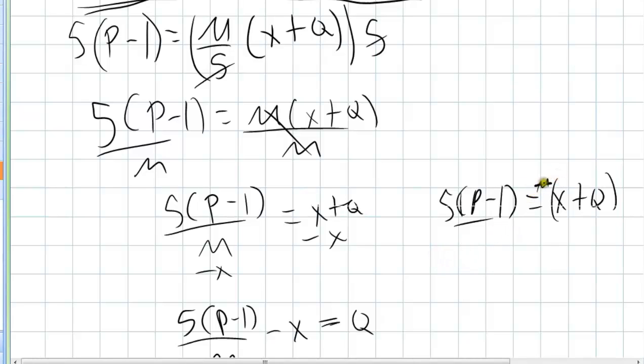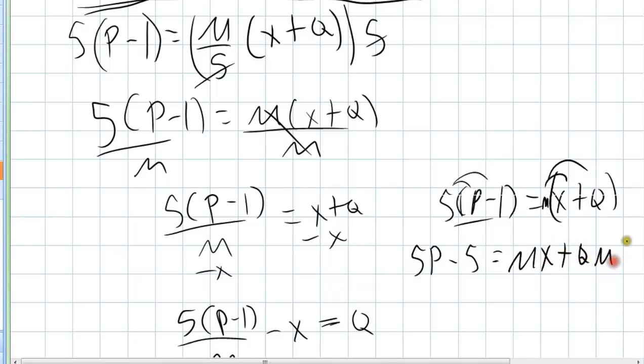Let's say you're here. Let's see what happens if we distribute m, and let's distribute the 5 while we're at it. So we'll have 5p minus 5 is equal to mx plus qm.